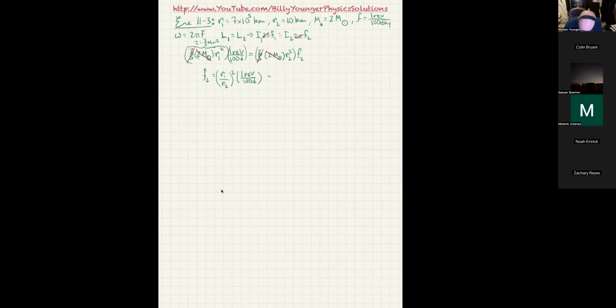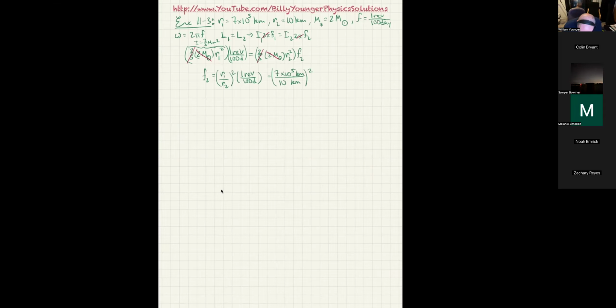So this turns out to be 7 times 10 to the 5th over just plain 10. And notice it's kilometers over kilometers, and those two are canceling out. That's why I didn't really need to convert them to meters, because whatever conversion factor I'd use in the top is going to cancel out with the conversion factor I'd use in the bottom. I just do have to remember to square it though.